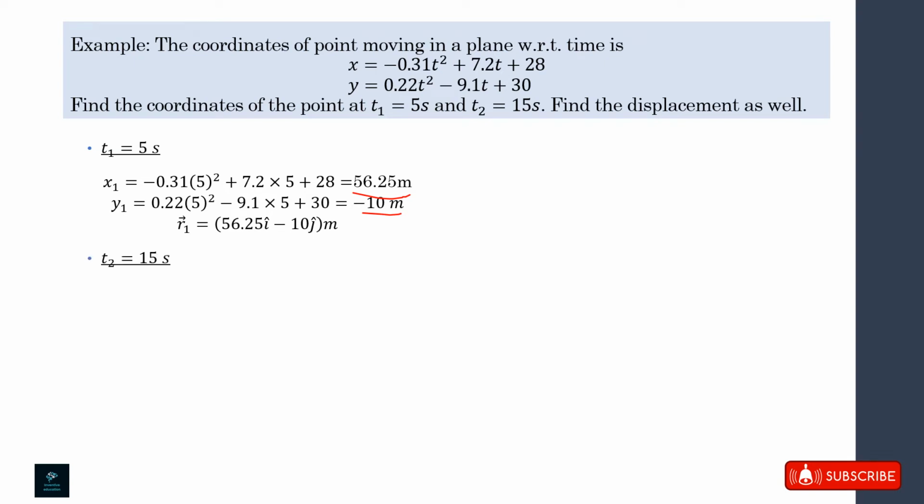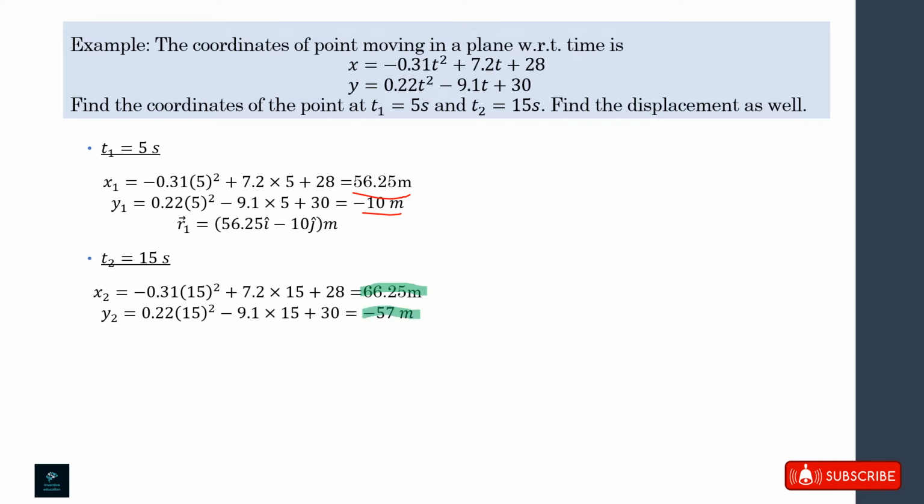Similarly, at t2 is equal to 15 seconds, x2 is equal to minus 0.31 times 15 square plus 7.2 times 15 plus 28. This comes out to be 66.25 meters. And y2 is equal to 0.22 times 15 square minus 9.1 times 15 plus 30. This comes out to be minus 57 meters.